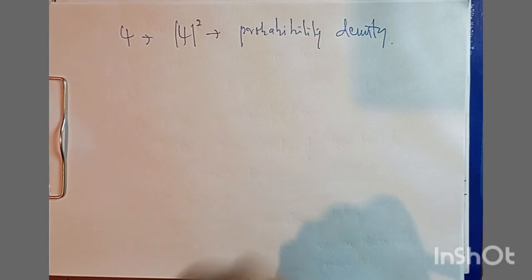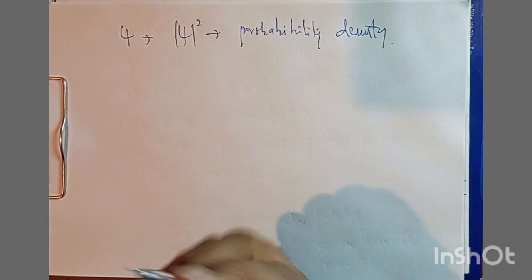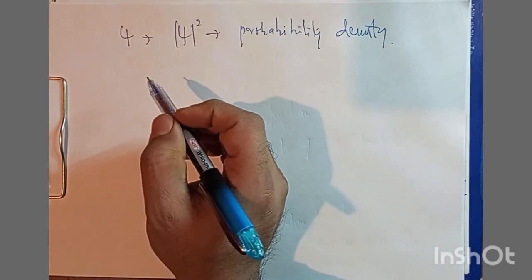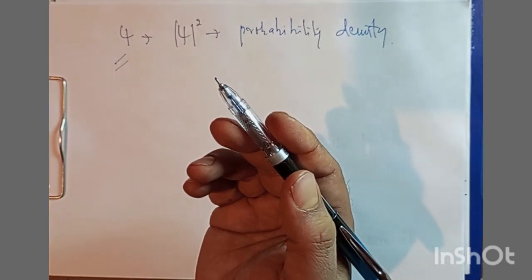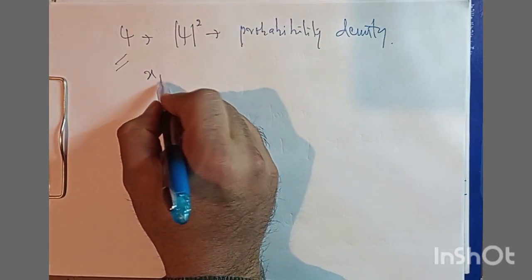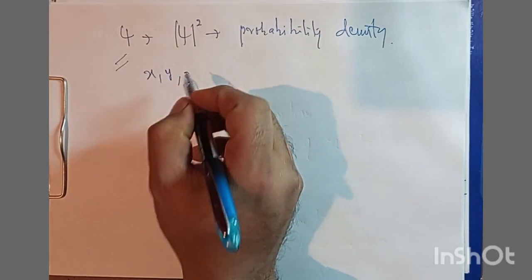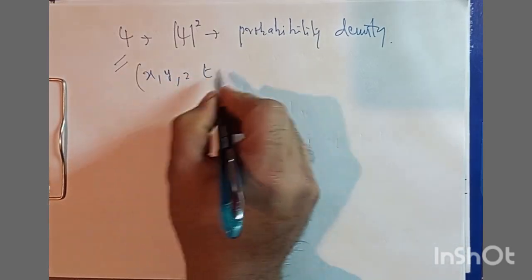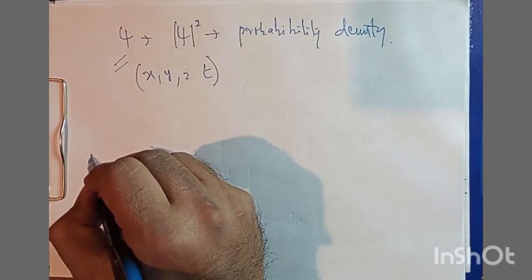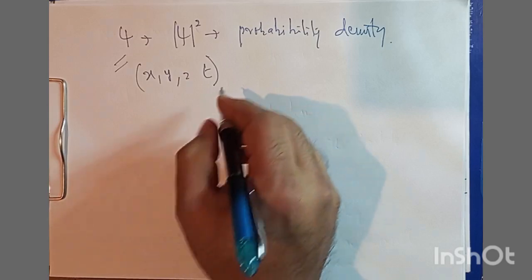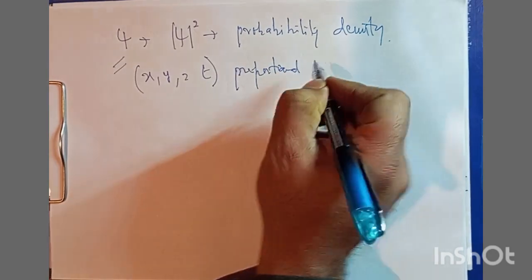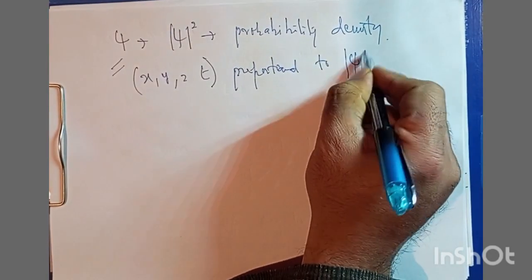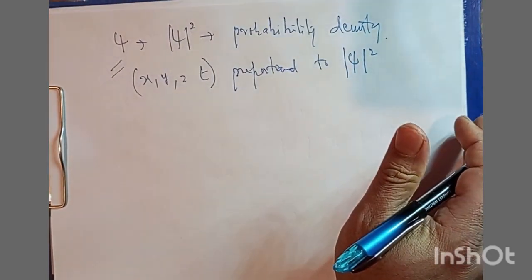The probability of experimentally finding the object that is described by the wave function psi at the point x, y, z, at the time t, is proportional to psi square, right?